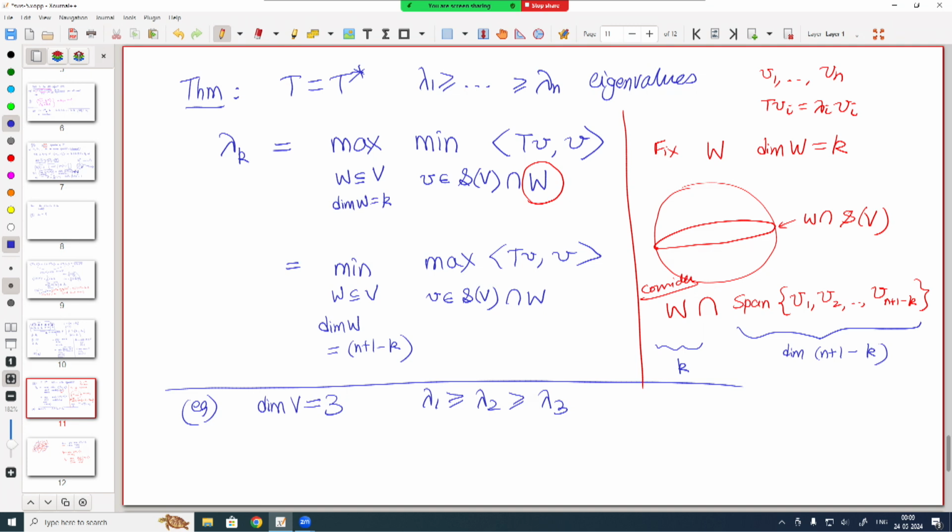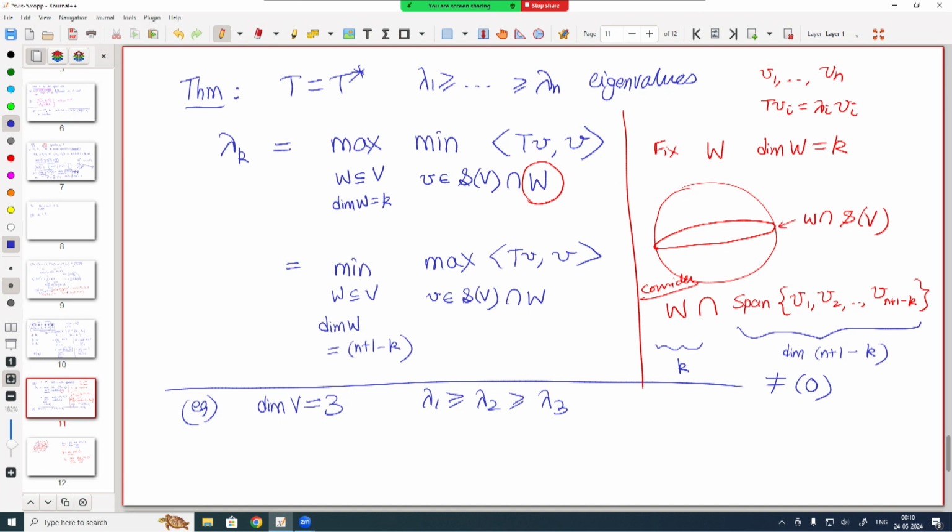There's this dimension formula: the dimension of the sum of two subspaces W1 plus W2 is dimension W1 plus dimension W2 minus the dimension of the intersection. Since the dimension of W1 plus W2 can be at most n, there has to be some intersection for that identity to be true. This intersection cannot be 0, it has to have some vector.